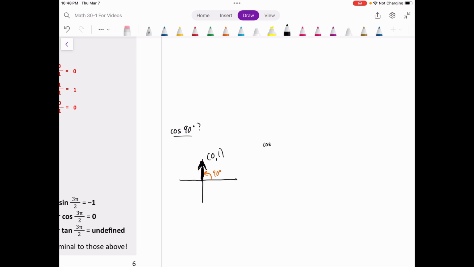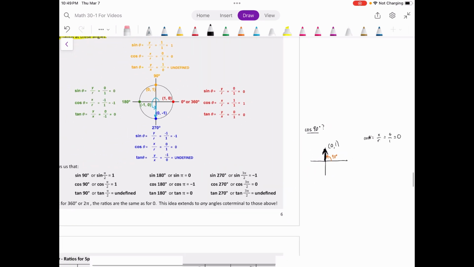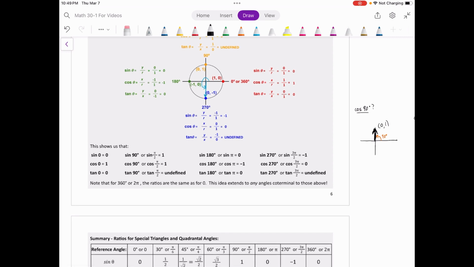And if cos equals x over r, well, r is the same size as y here, right? The length of this is just all y, no x. So it's 0 over 1, it's 0, right? I didn't say, oh, good thing I've memorized that cos of 90 is 0. I quickly just thought about my ratios there. To me, understanding that relationship is a lot easier than trying to memorize all this stuff.